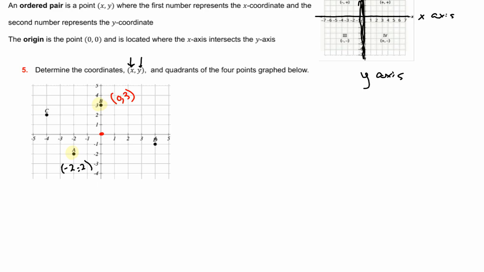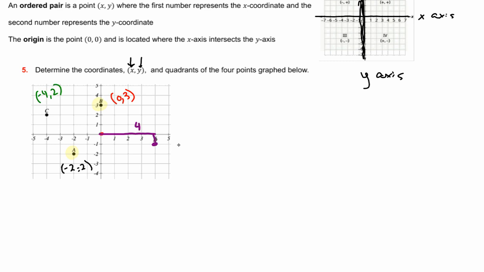For part C, I can see this one over here. I'm going to have to go left 1, 2, 3, 4, and then up 1, 2. So this is the ordered pair negative 4, positive 2. And then lastly, for letter D, which is kind of hiding over here, right on top of this one, I can see that it's to the right 4, and then down 1.